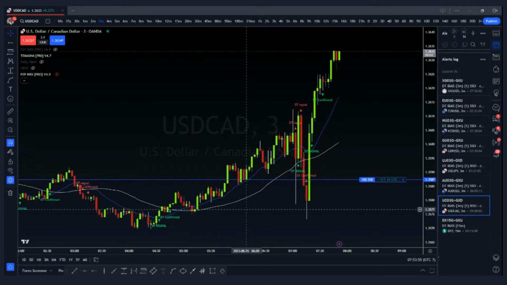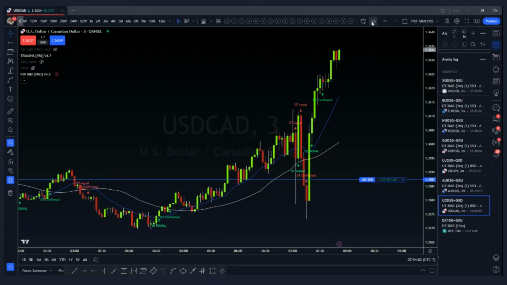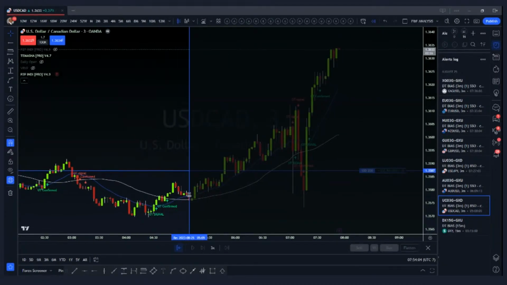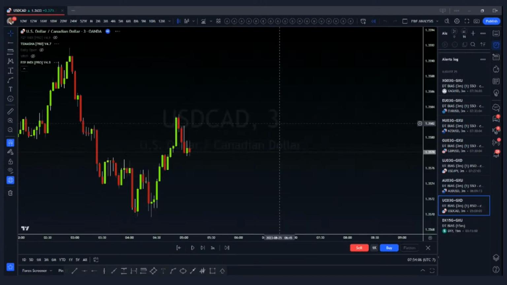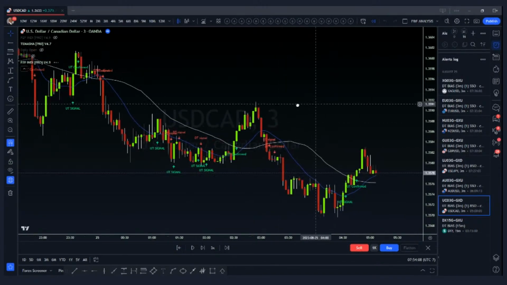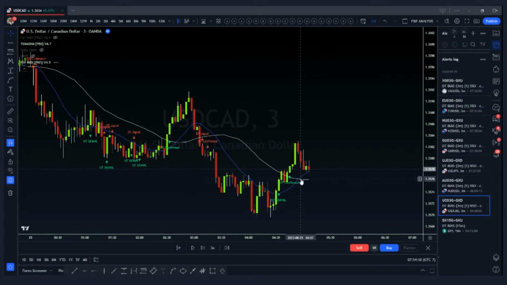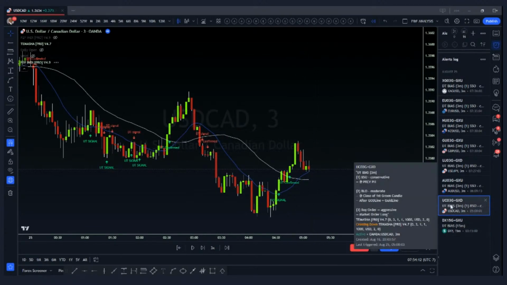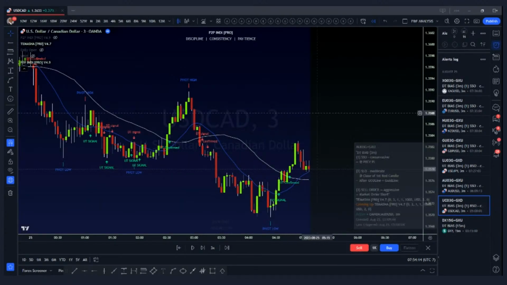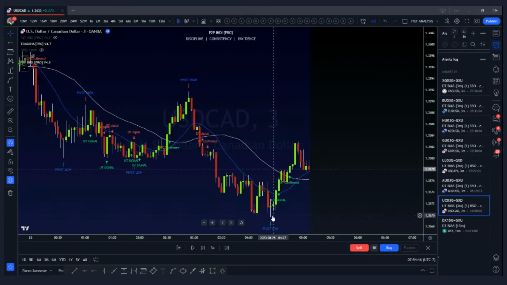So what I would have done with this chart, let me show you guys. Let's act like it's that time again. So let's say you guys got this alert here. Or you got this alert right here. I'll show you how to set these alerts up. But what would have happened is it would have recognized the pivot low.